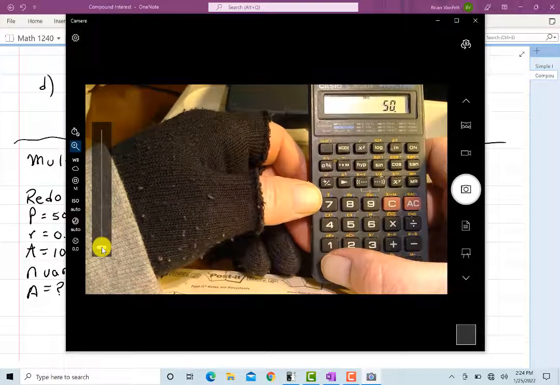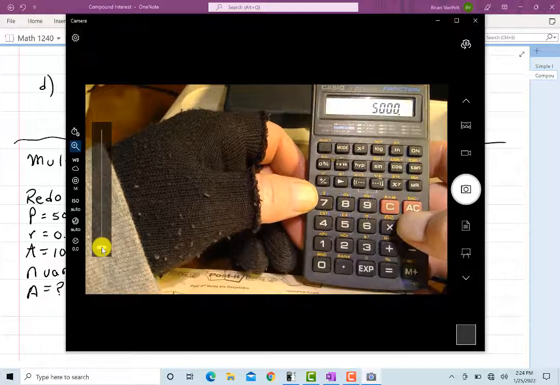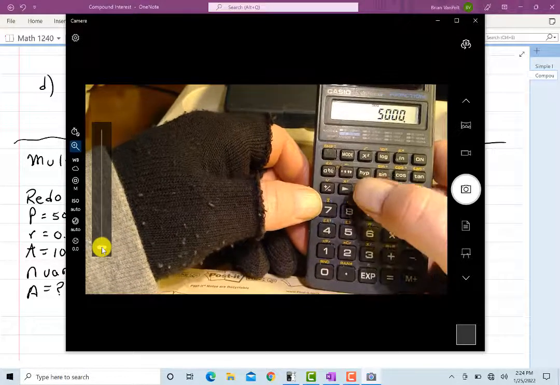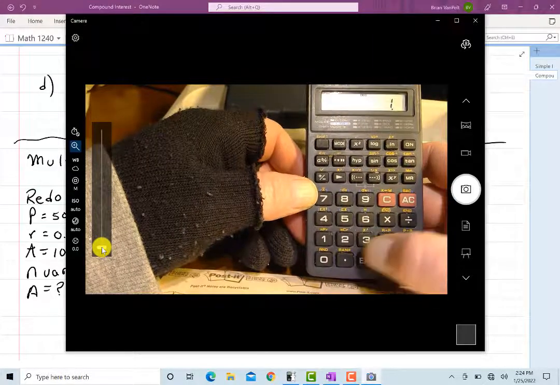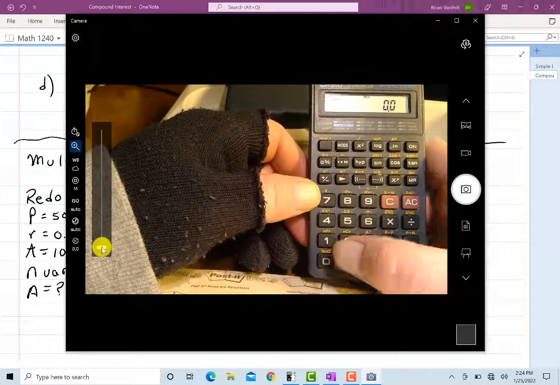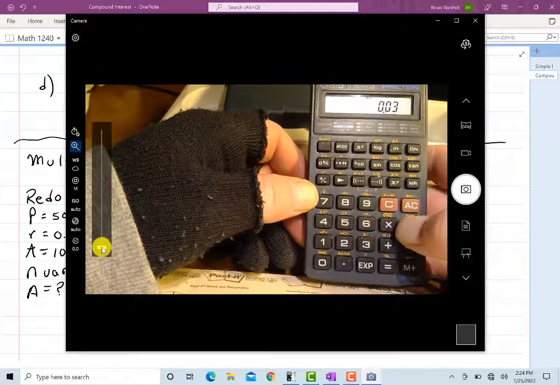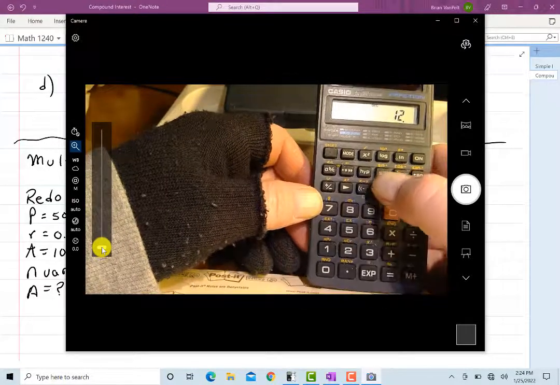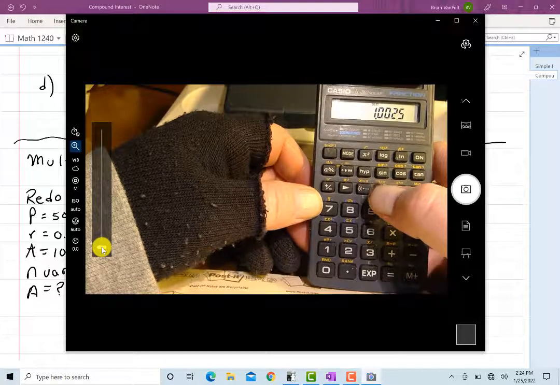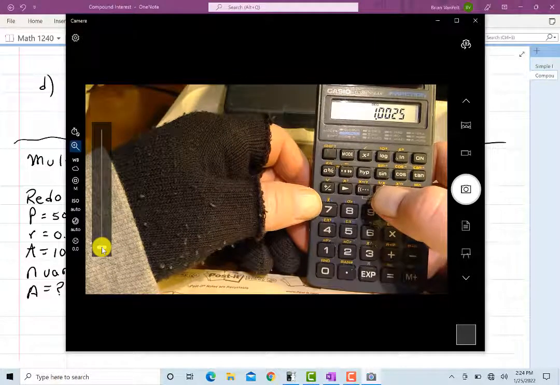5,000 times 1 plus 0.03 divided by 12, finish the parenthesis, that's what's inside the parentheses.